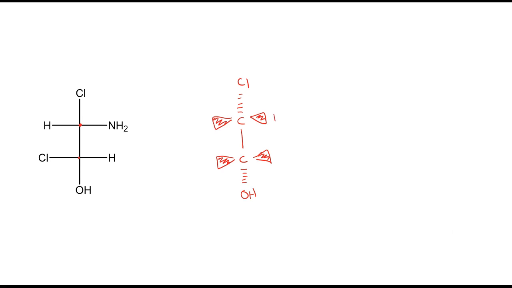From this, you can see that the amino group on the first carbon is going to be on the same side of the molecule as the hydrogen on the second carbon. If you want to think about rotating this molecule to represent this in a true dash and wedge orientation, you can see that the bonds moving away from you are really all in the same plane of the molecule.